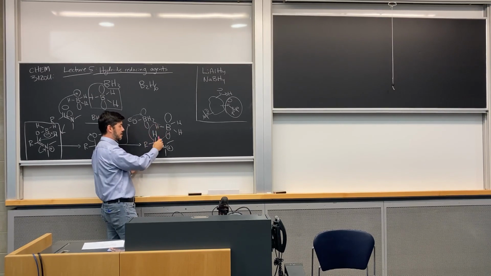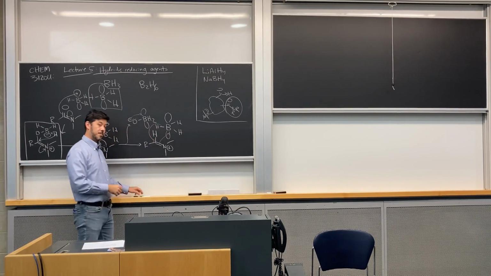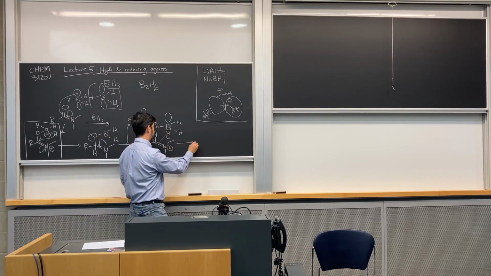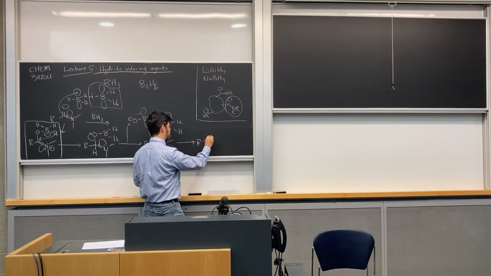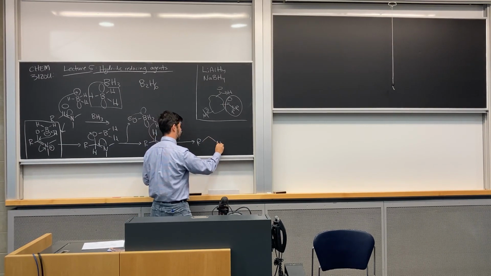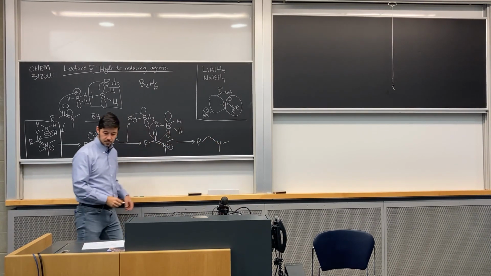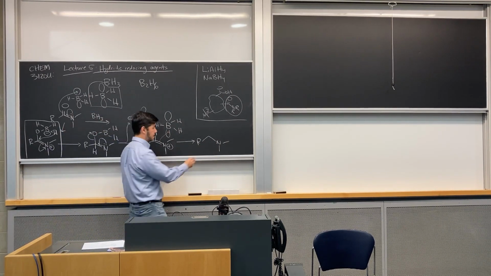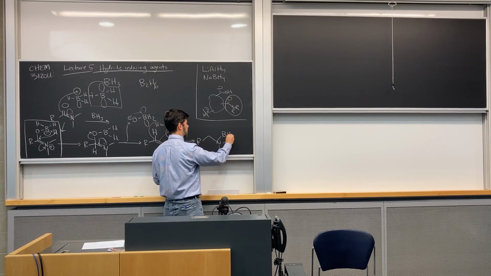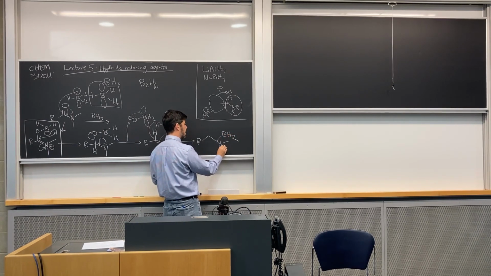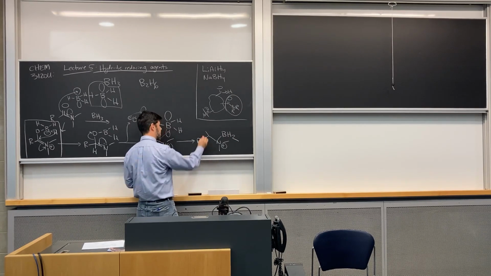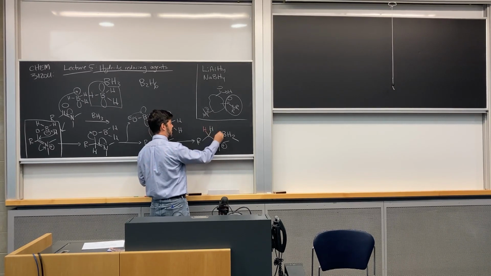You can think of this in a concerted mechanism type of fashion, and what you're going to generate is your structure with a BH2 here, positively charged nitrogen, and we have our two hydride units that we've added here.